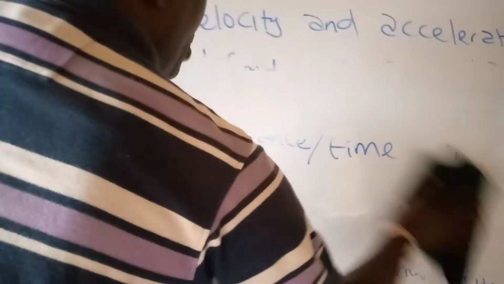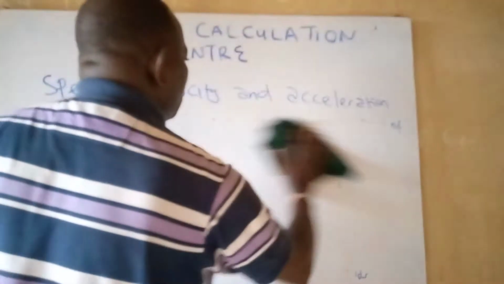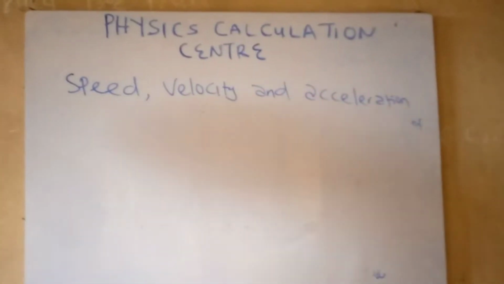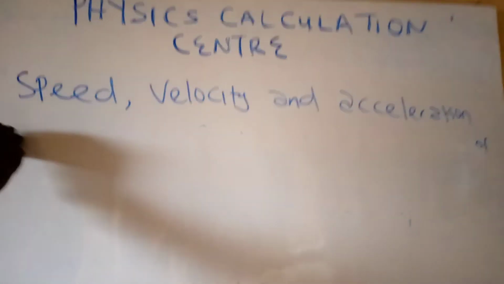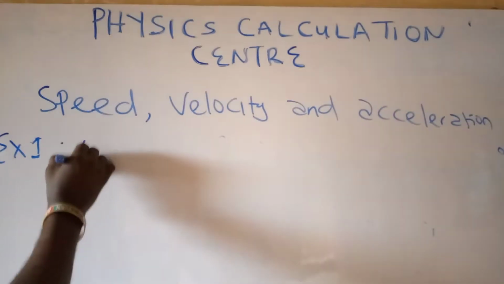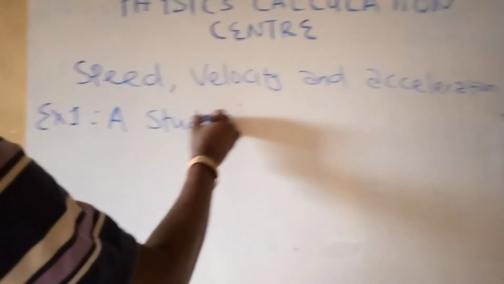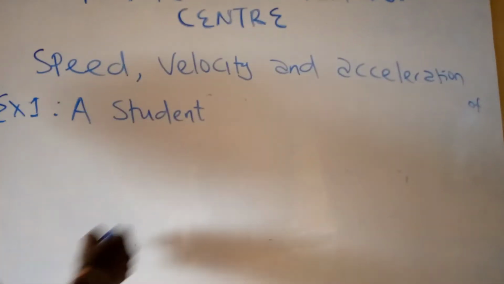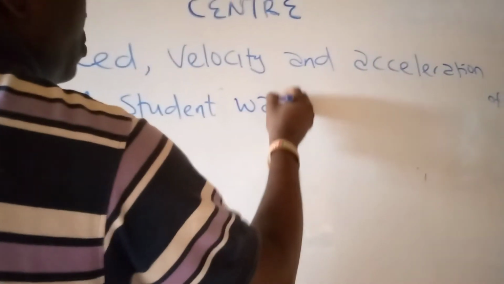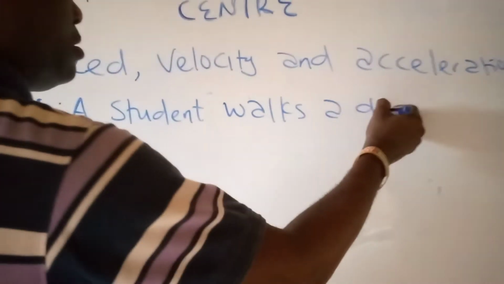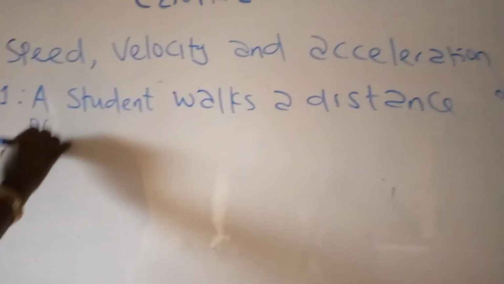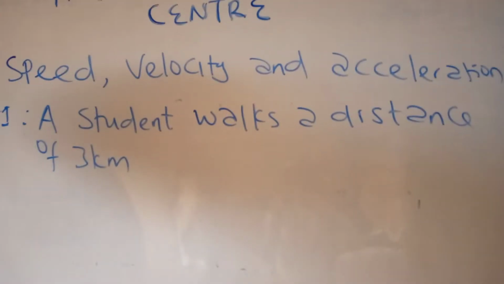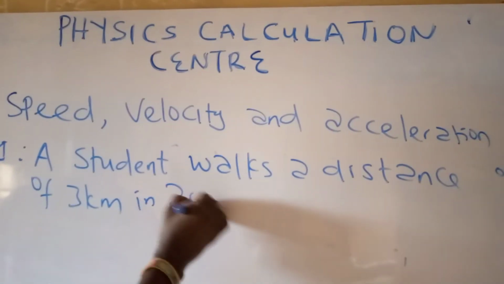So quickly, I'll give an example to buttress and emphasize what speed particularly is all about. So I'm going to take a question now, example 1. A student walks a distance of 3 kilometers in 20 minutes.